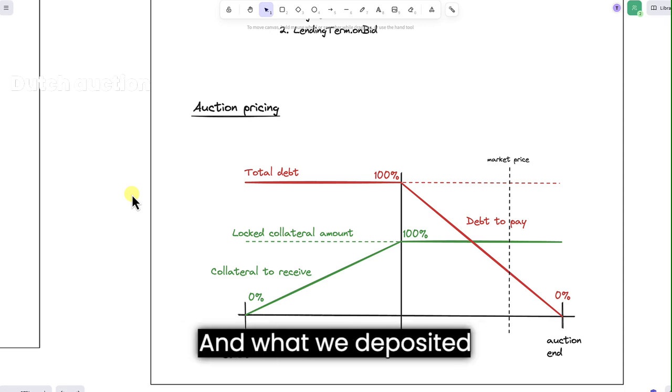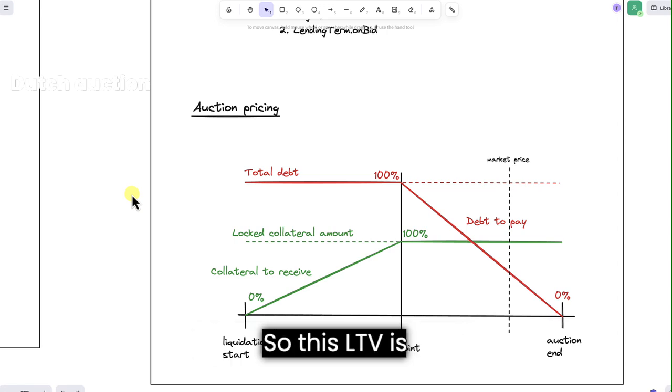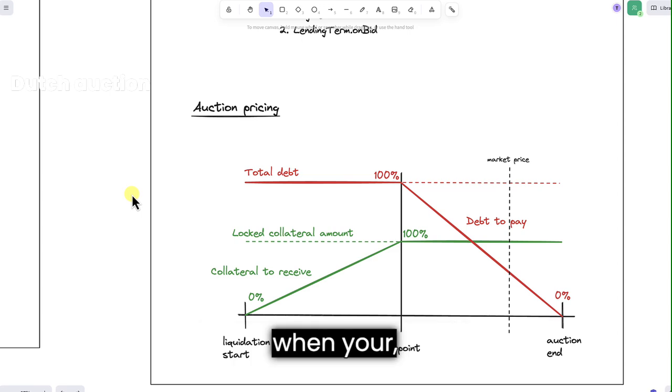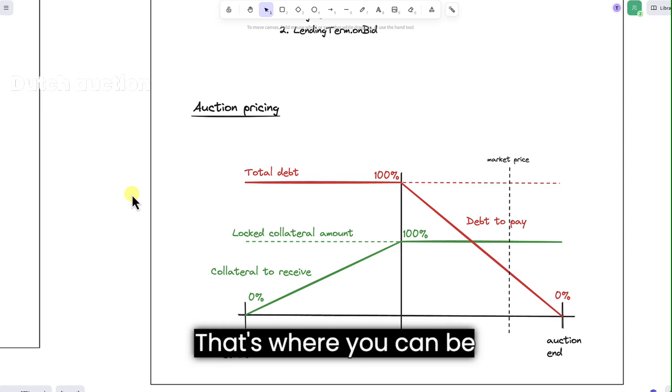And what we deposited might move in price and what we borrowed might move in price. So this loan to value is moving. And once it gets to the liquidation threshold, let's say when your loan to value is 80%, this could be your liquidation threshold, that's where you can be liquidated.